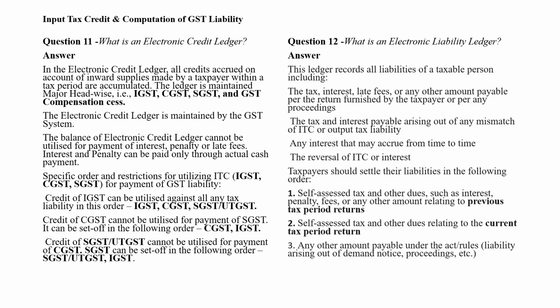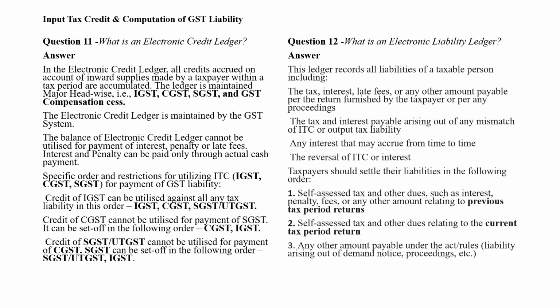The electronic credit ledger is maintained by the GST system. The balance of the electronic credit ledger cannot be utilized for the payment of interest, penalty or late fee. Interest and penalty can be paid only and only through actual cash payment.